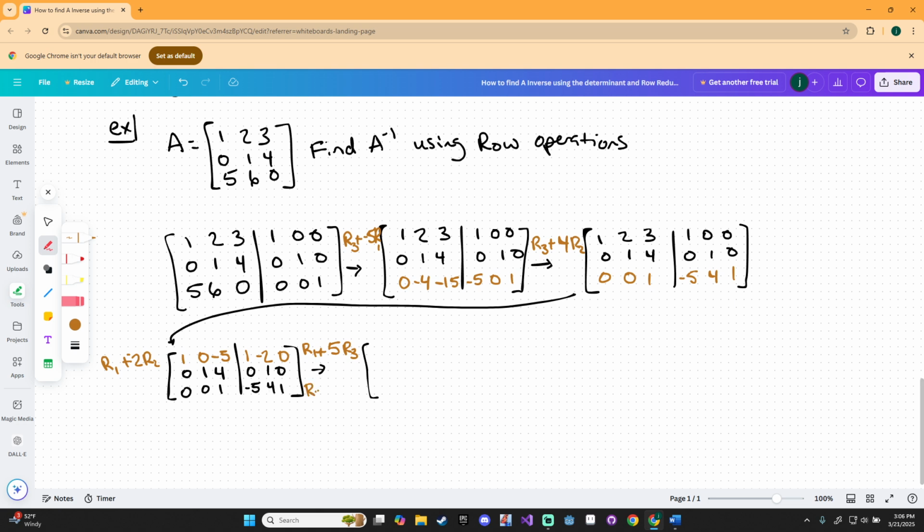And that's going to be row 2 plus -4 row 3. Keep row 3 the same. 0, 0, 1, 5, 4, 1.